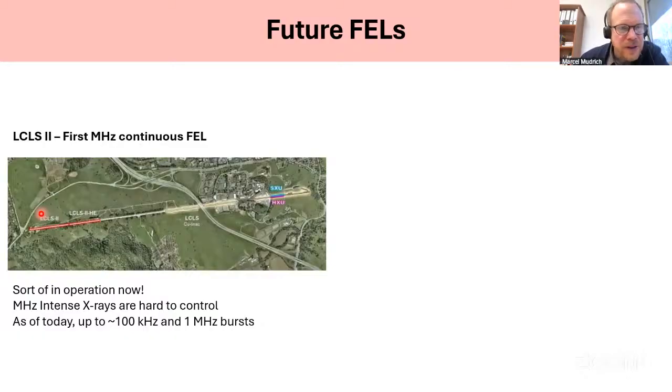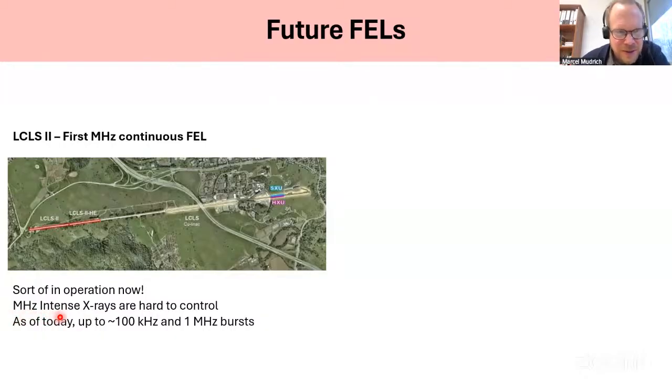There's a few more FELs in the pipeline, or actually LCLS-II is an upgrade of LCLS in the US, which is kind of working. So the main new feature was supposed to be that this now also uses superconducting accelerators, which should eventually provide pulses at a continuous megahertz repetition rate.